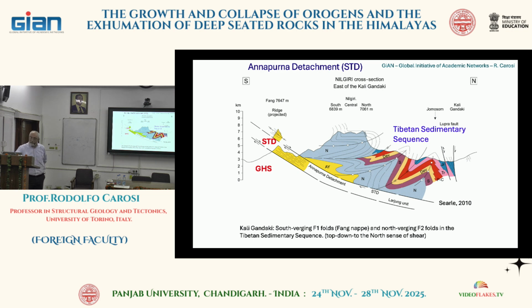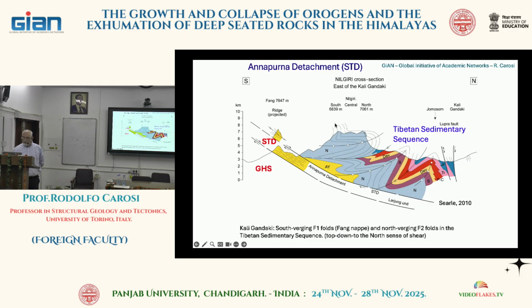Associated to the South Tibetan detachment, there are sometimes huge faults. In this section, the Kaligandaki Valley, you can see the Annapurna detachment, the ductile part of the detachment, below the Great Himalayan sequence. Above you have Mount Nilgiri, and so on.